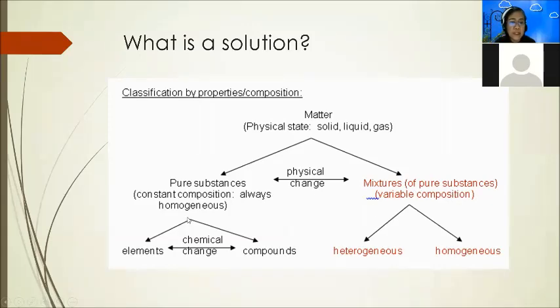Not like pure substances, where the composition is constant and is always in fixed proportion. You have learned from your Chemistry 1 that pure substances are either elements or compounds. I have to go through that because this afternoon we'll be talking about solutions.